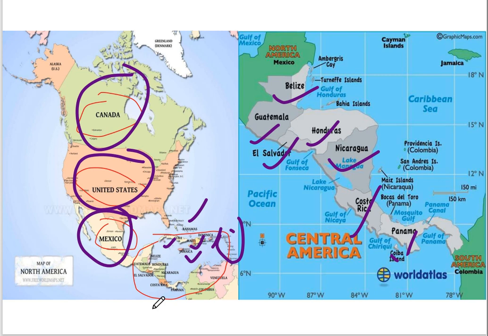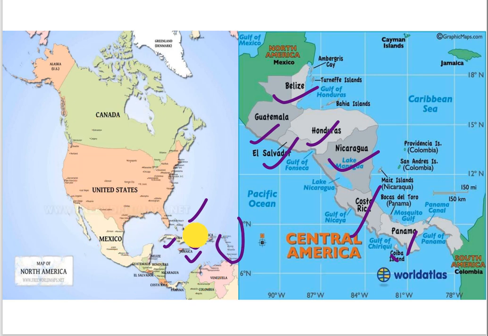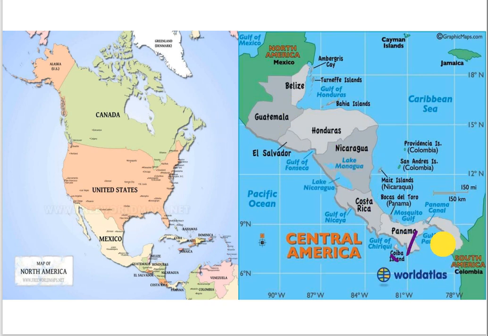These are the major countries belonging to the North America continent. Three major countries share approximately 80 to 90% of the area of the North America continent: Canada, USA, Mexico, and thereafter the Caribbean islands or Caribbean countries.